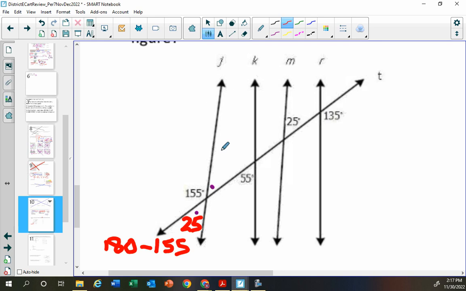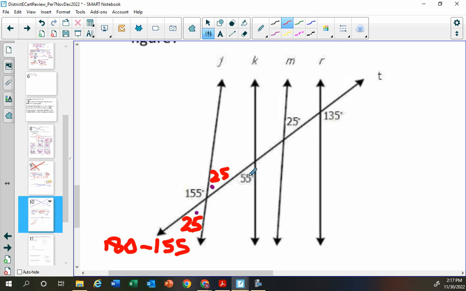And then same thing here. They're going to fool you because they're going to want you to think it's this number. You can't do that. You have to focus only on what's between. What makes this line 180? Who cares about this number? This number's out to fool you.